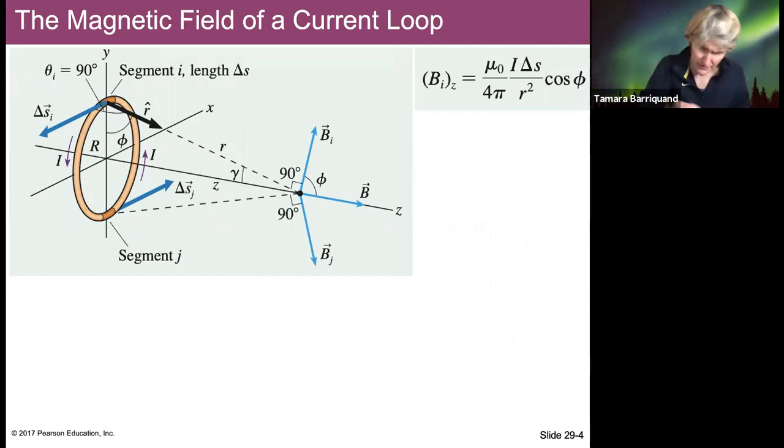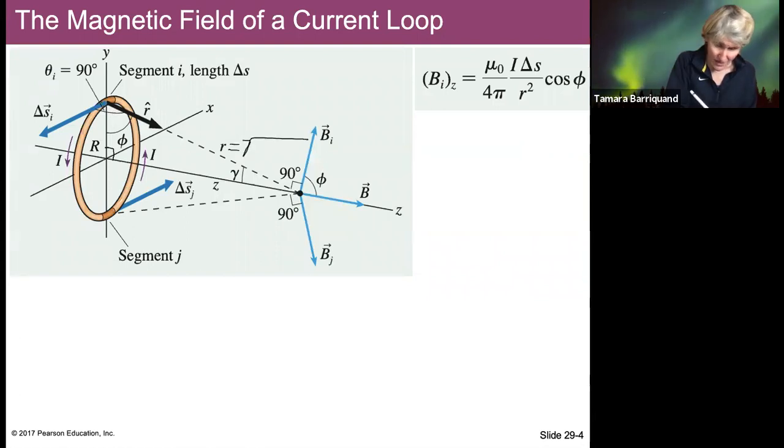We know that we had mu naught over 4 pi, I delta S over r squared, times cosine phi. Well, r squared, little r right here, we see this is a right triangle, and we know a squared plus b squared equals c squared, where r here is the hypotenuse. So r will be equal to the square root of z squared plus capital R squared.